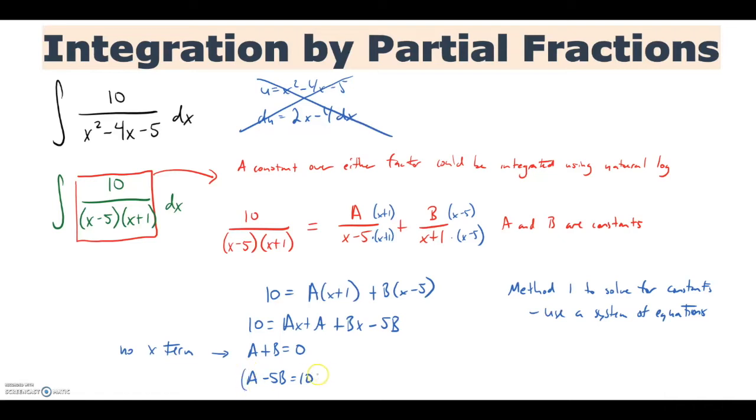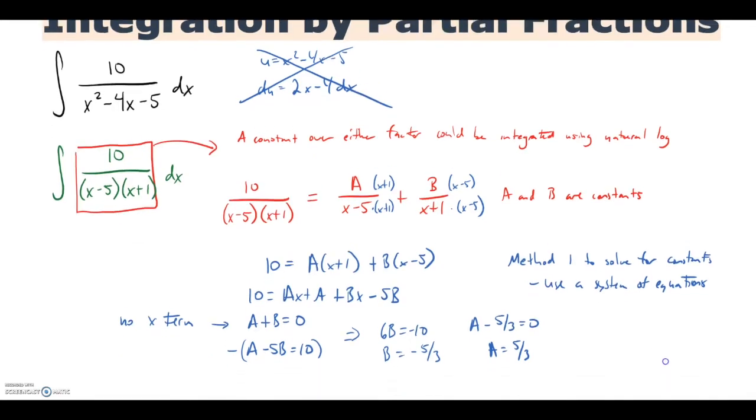And this system can be solved by elimination, by subtracting the second equation from the first, which will yield that 6B must equal negative 10, and B itself equals negative 5/3. Substituting that back into either equation, I'm going to choose the simpler one that we started with: A minus 5/3 must equal 0, and so A itself must be a positive 5/3.